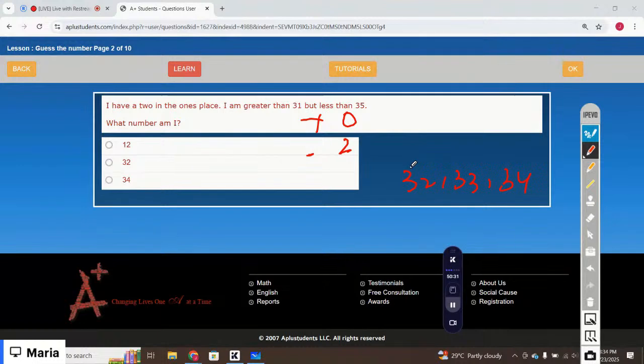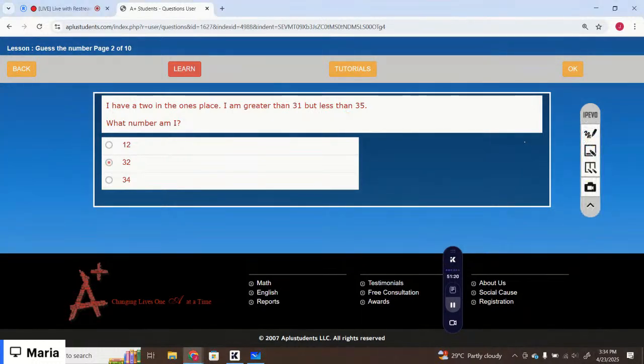So which number has 2 at the ones place? That is 32. The correct option is 32.